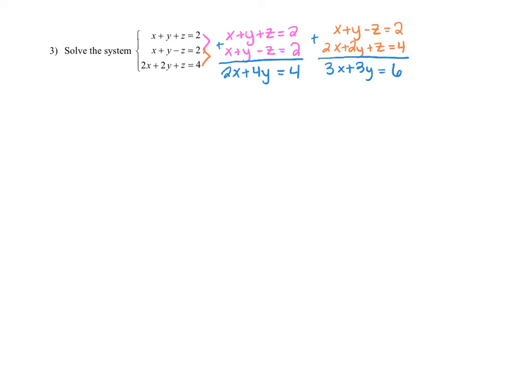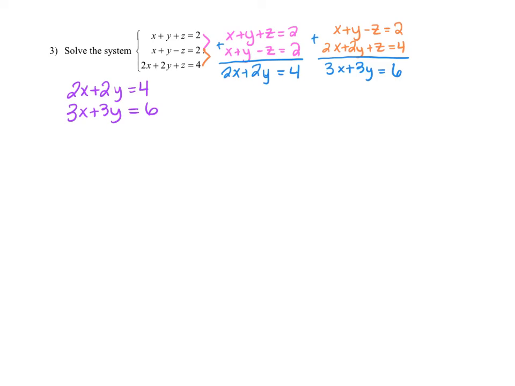Now I'm going to stack these two equations. So I'm going to have 2x plus 4y equals 4. Oh, excuse me, I made a mistake. This should have been a 2y. I apologize. So 2x plus 2y equals 4, and then I have 3x plus 3y equals 6.